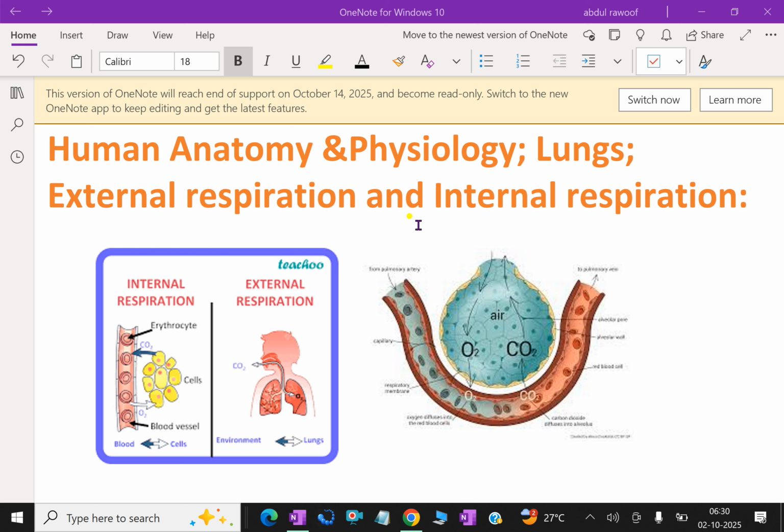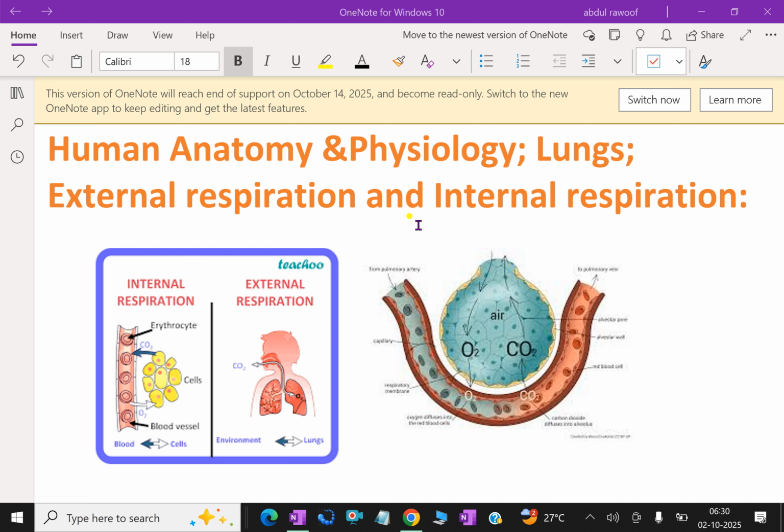Venous blood arriving at the lungs in the pulmonary artery has traveled from all the tissues of the body and contains high levels of CO2 and low levels of O2. Carbon dioxide diffuses from venous blood down its concentration gradient into the alveoli until equilibrium with alveolar air is reached.